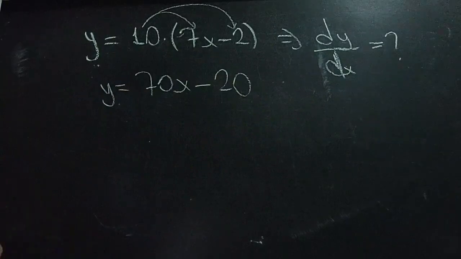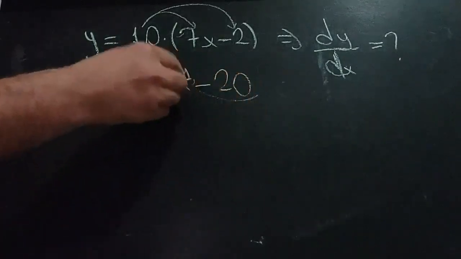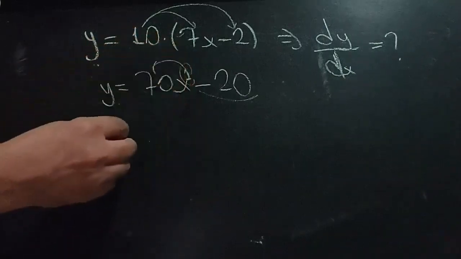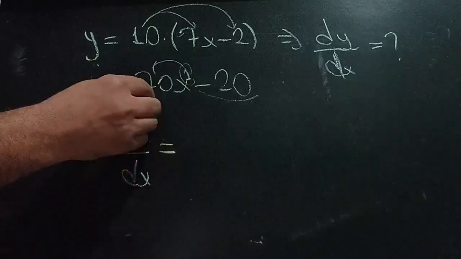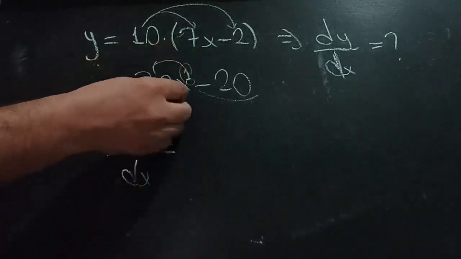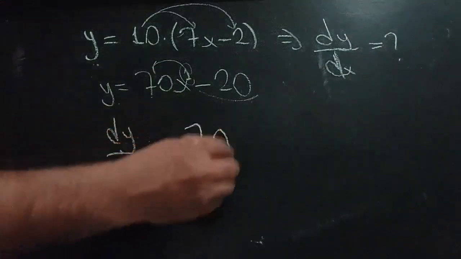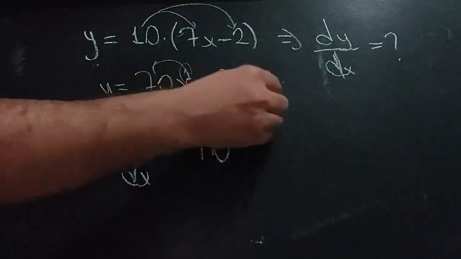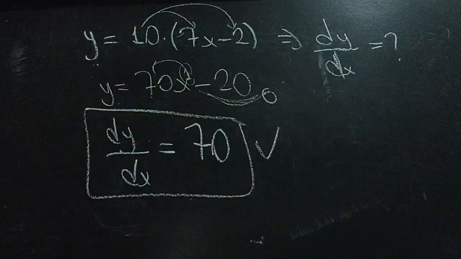Then for this one, the power is 1 and this is a constant number, so bring down and decrease by 1. That will be 70 times 1 times x to the power 1 minus 1, which is x to the power 0, which is 1. This one was 0, I told you, remember? It will be 70.